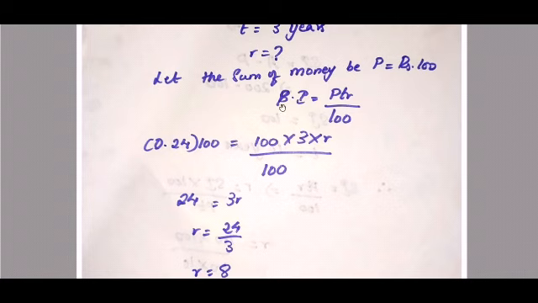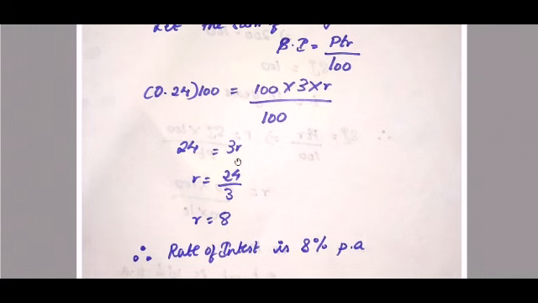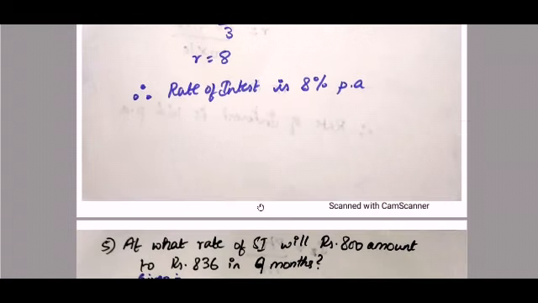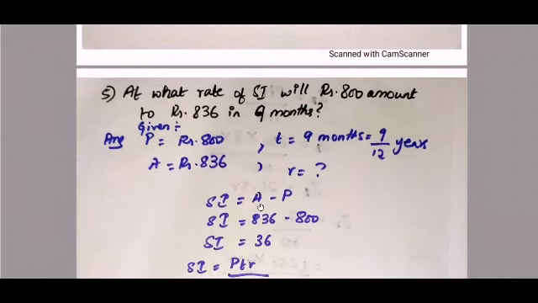We know, right? Simple interest is equal to 0.24 into P. Here we are assuming 100. So 0.24 into 100 is equal to 100 into 3 into R divided by 100. 24 is equal to 3R. R is equal to 24 divided by 3. R is equal to 8. Therefore, the rate of interest is 8% per annum.